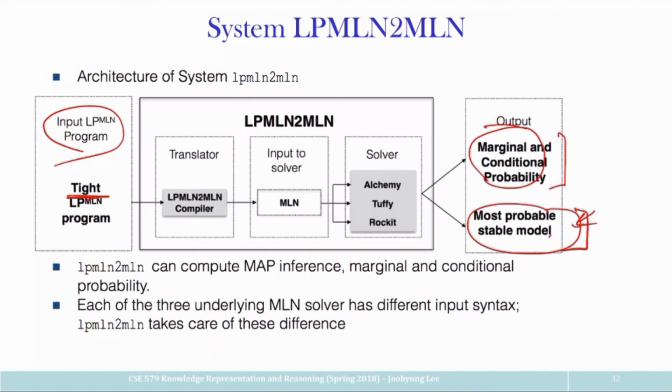Now inside the system, obviously there is a translator, the LPMLN to MLN compiler, that turns it into MLN. And in this class we use Alchemy as the main solver, but there are also other implementations of MLN called Tuffy and RockIt. So these systems can be used.